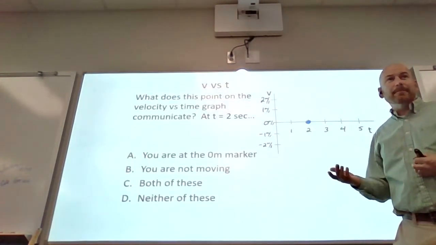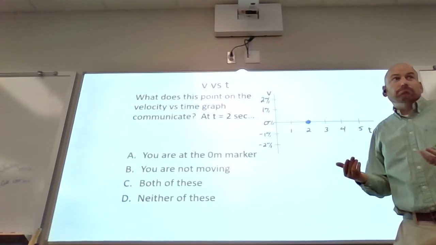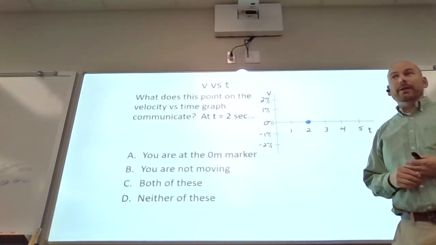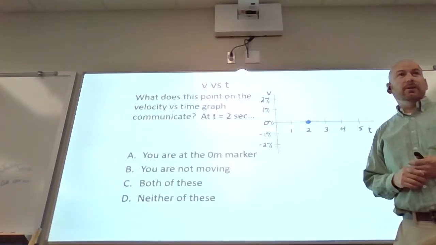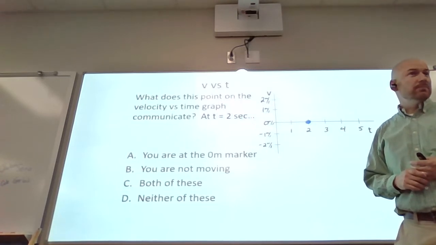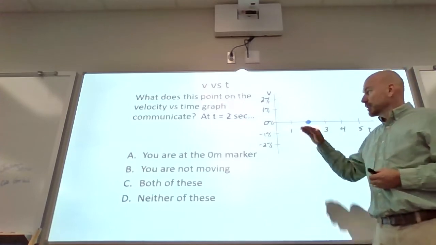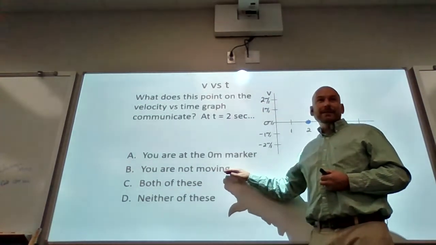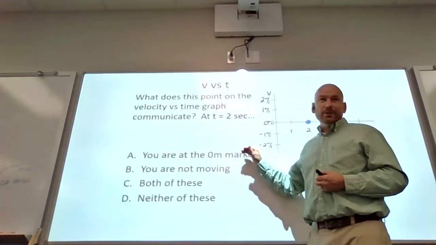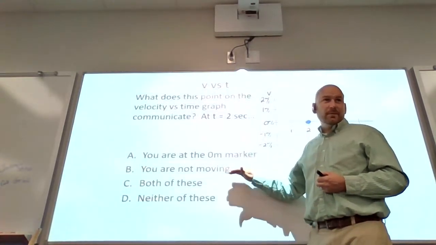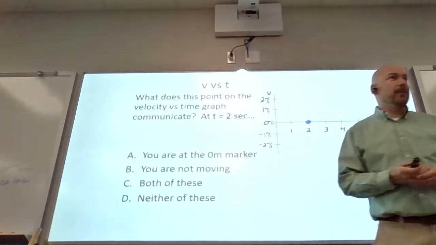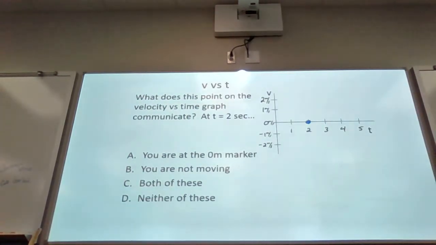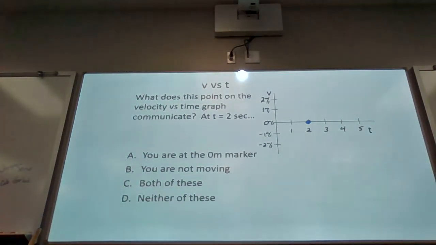Where are you stopped? You have no idea. You could be stopped anywhere. Does that make sense? So this is communicating your velocity, not your position. Okay, good with that? So we're shifting gears a little bit.